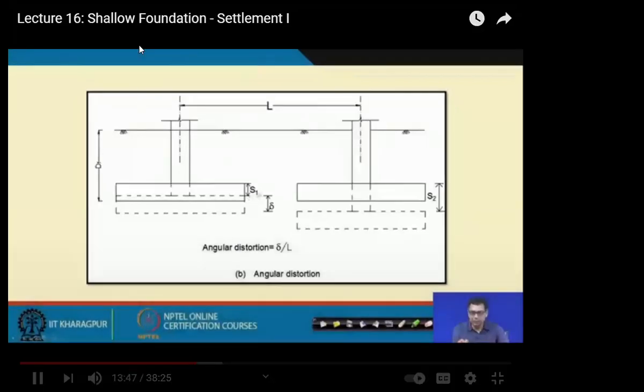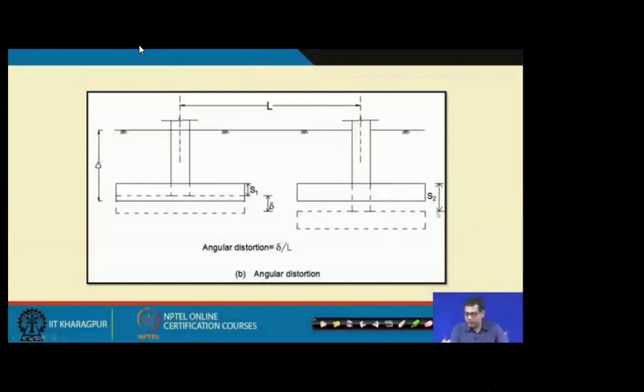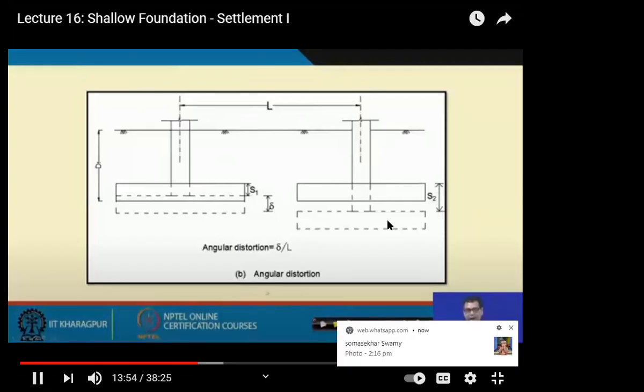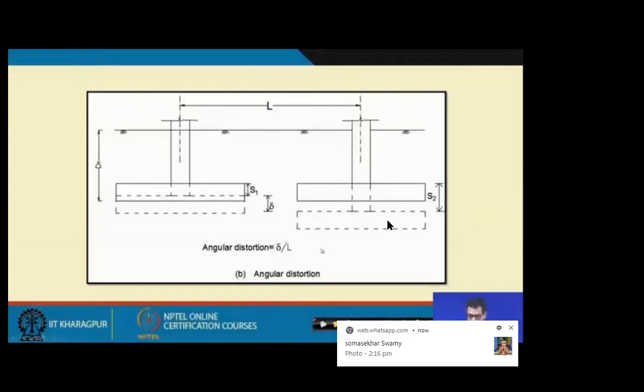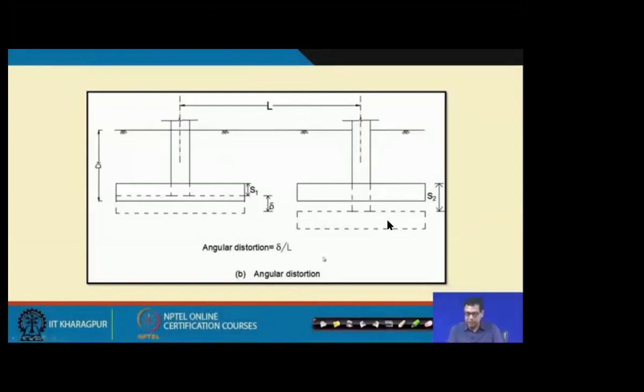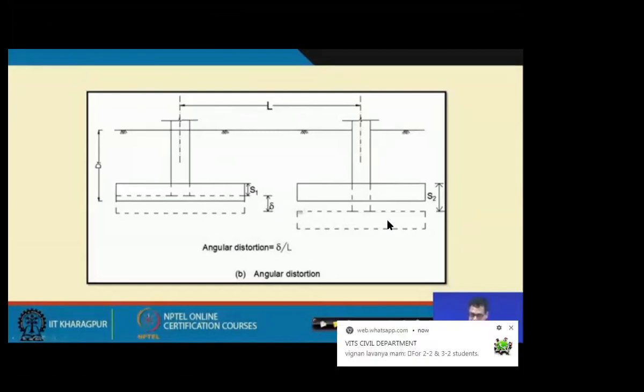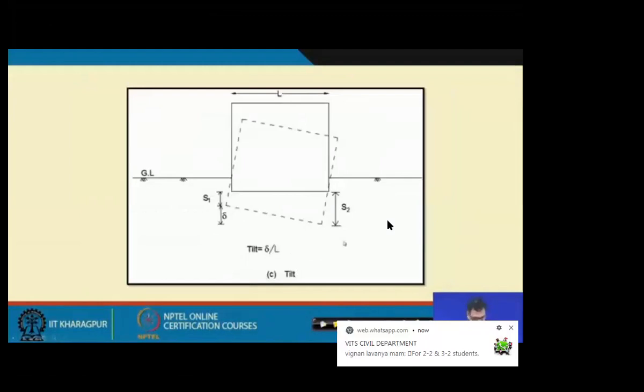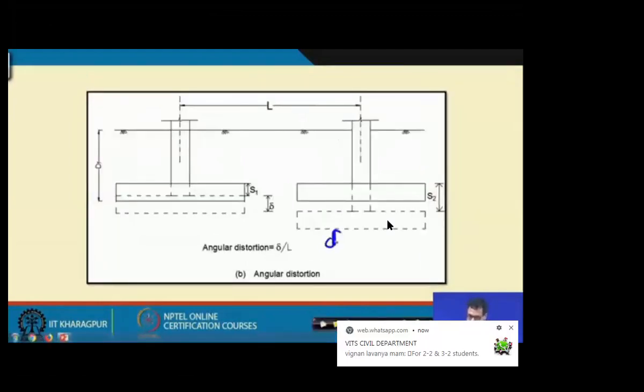Foundation top, then this is S1 and this is S2 for the second column. Then there will be an angular distortion, where delta is the difference of settlement. Here the delta value is basically S2 minus S1, the difference of the settlement, and if I divide it by the spacing between the two columns or two foundations, that will give you the angular distortion.